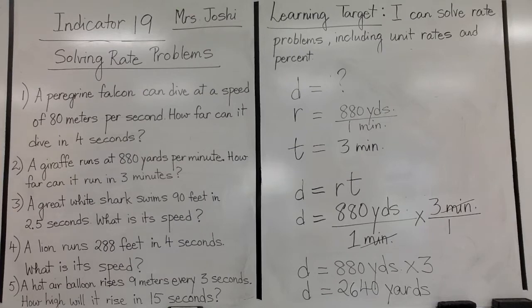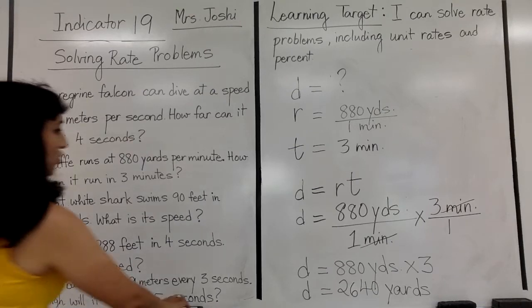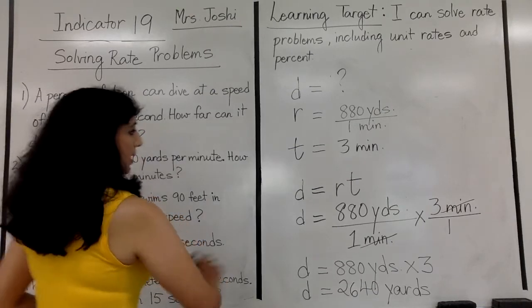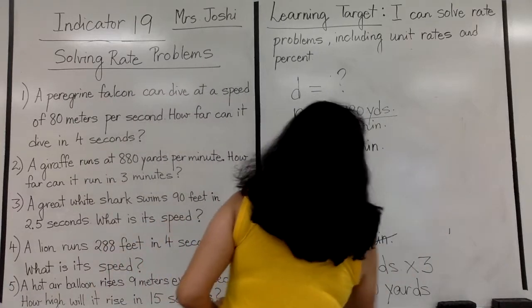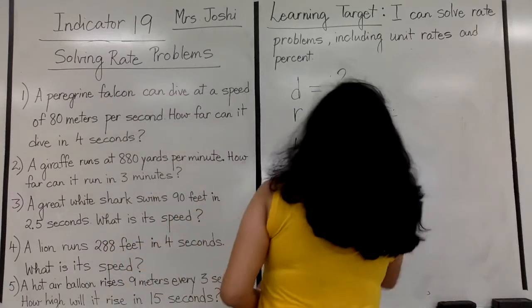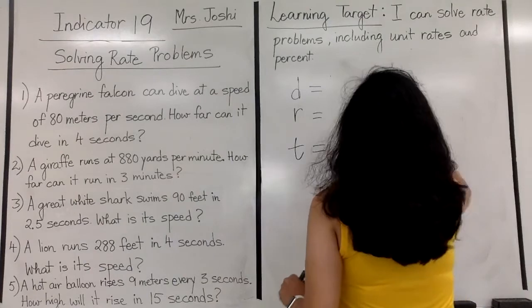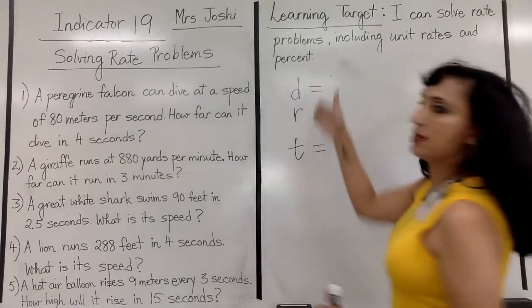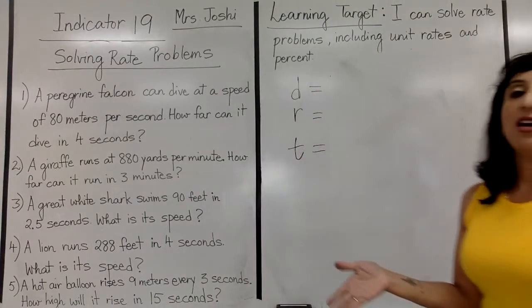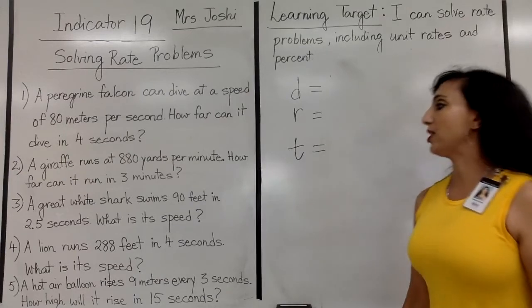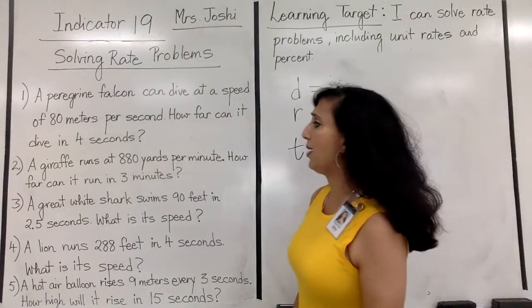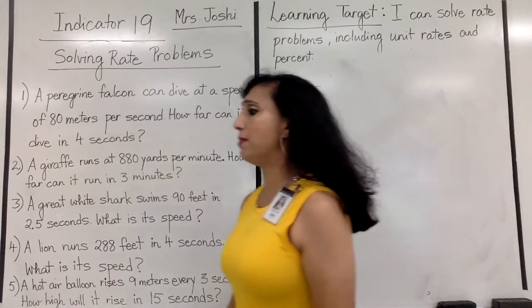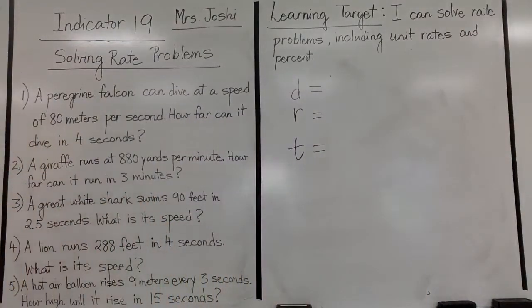Okay? Now, let's do one where we're trying to find the speed of something. Okay, so I'm going to erase this and this, because always write it out like this so you know what's missing and then what you need to be finding out. So the next question is, a great white shark swims 90 feet in 2.5 seconds.